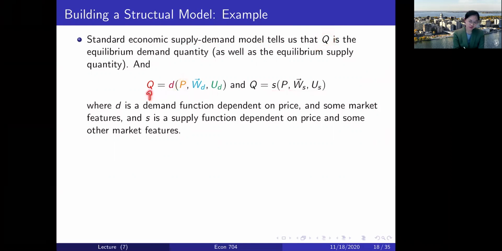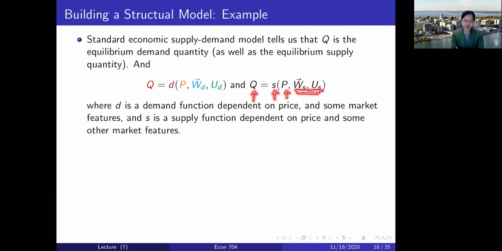So the quantity equals the demand, which is a function of the price and some market demand factors, like the wealth or the number of consumers in that market. And the sales quantity is also the supply, because the supply has to equal the demand for the market to clear. So the sales quantity equals the supply function of the price and some supply shifters. These WS, US are some market characteristics that affect the supply.